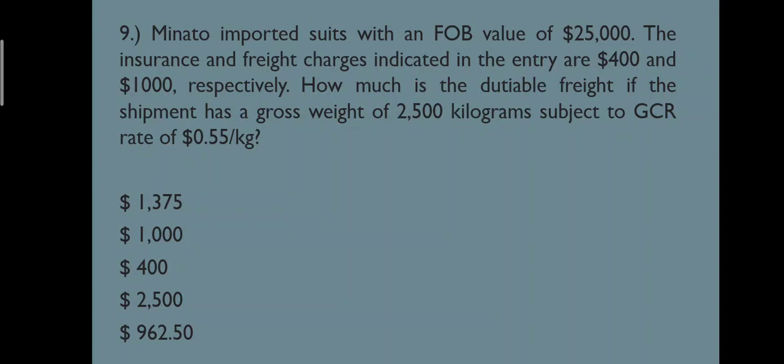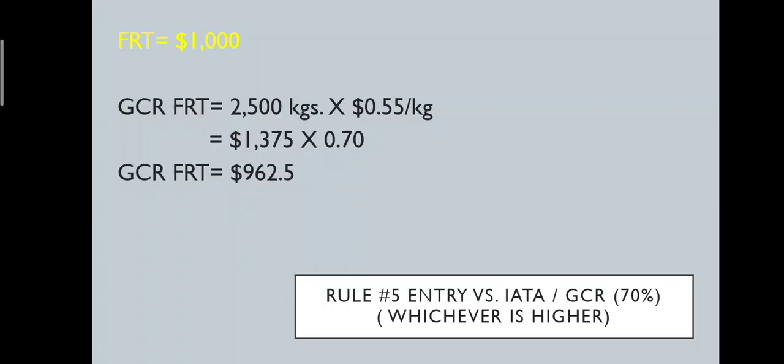So again we have 2,500 kilograms multiplied by 0.55, and we get $1,375. After we get that, we multiply it by 0.70, because the rule applied is rule number 5.